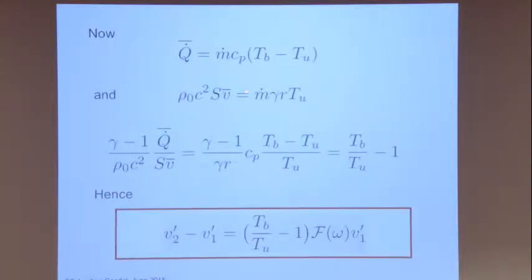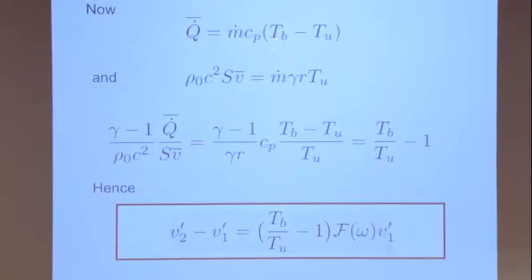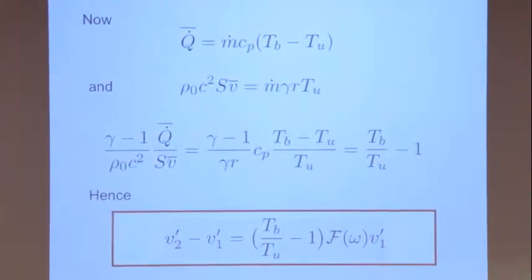So, if we go even a step further, it is possible to write the heat release in terms of the burnt gas temperature, the adiabatic flame temperature, multiplied by m dot times Cp, and we have also rho 0 c squared times S times v is equal to m dot, because you have rho 0 S times v, it's m dot, gamma r Tu.